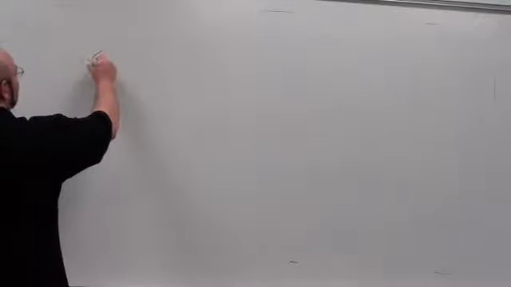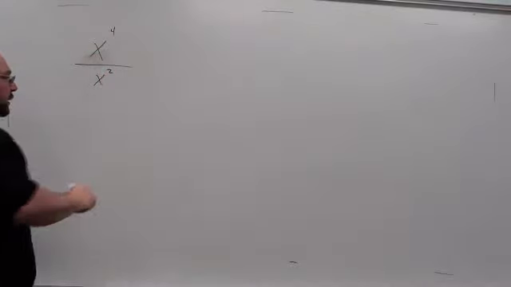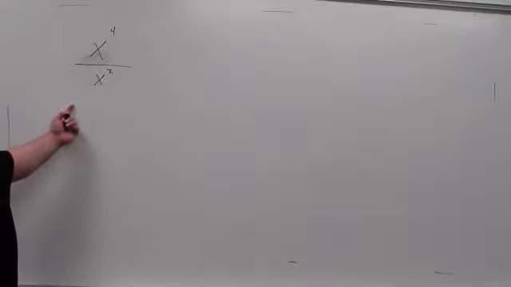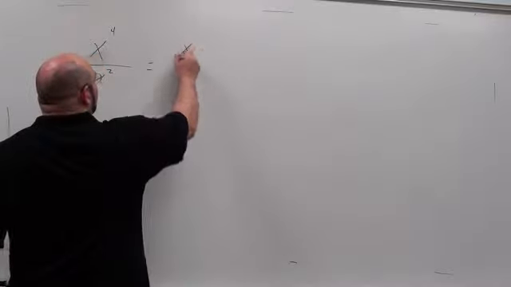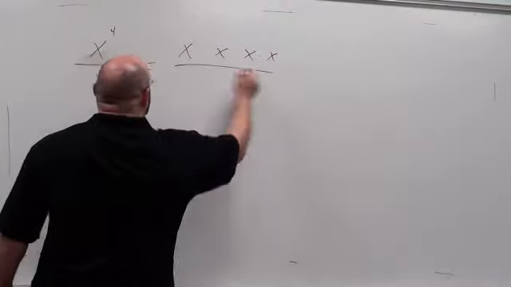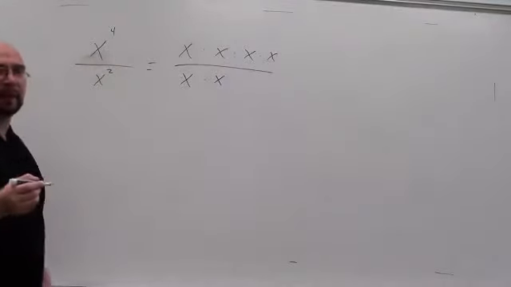Okay, continuing on with our exponents. x to the 4 over x squared. We know that this becomes x times x times x times x over x times x, right?